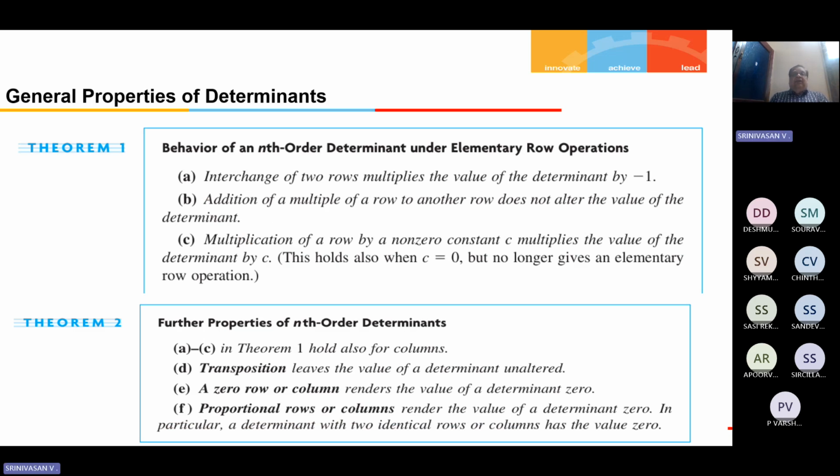Now we have seen enough by reducing the given matrix or its augmented matrix by doing elementary row operations. Whenever we say row, we can always put column. So whatever is true for rows is true for columns also. So, the behavior of an nth order determinant under elementary row operations.